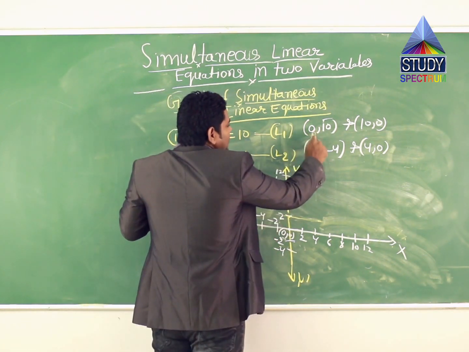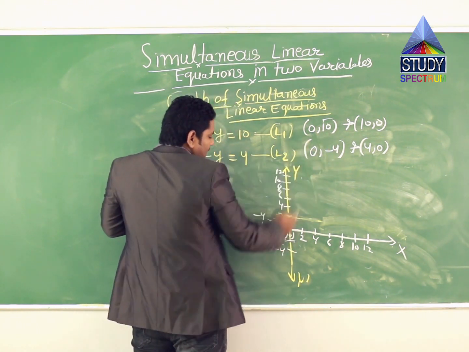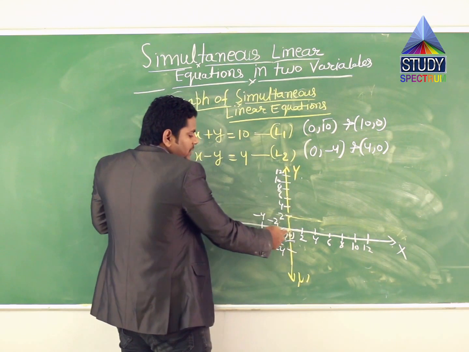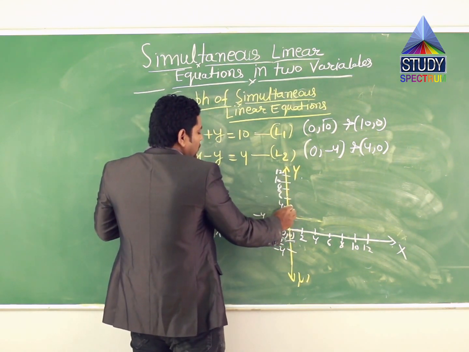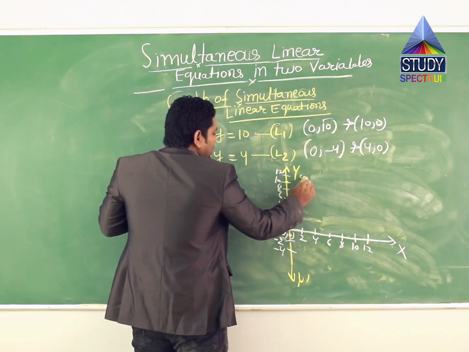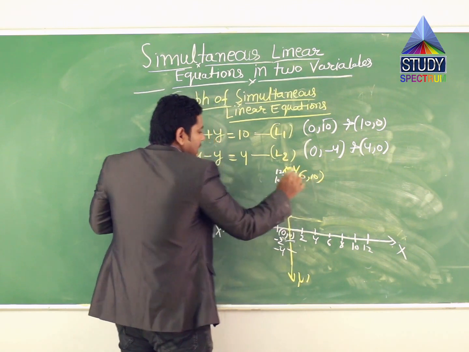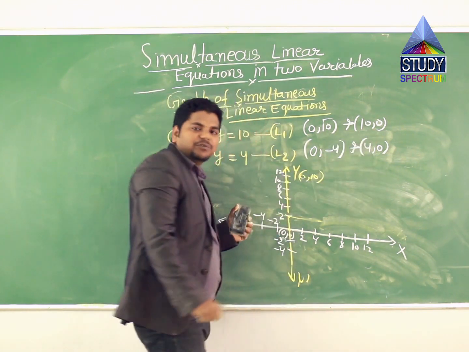For L1, the first point is 0, 10. So we have not moved any unit in the x direction, but we have moved 10 units in the y direction: 2, 4, 6, 8, 10. So this point is 0, 10. Now the second point is 10, 0. It means x equal to 10.